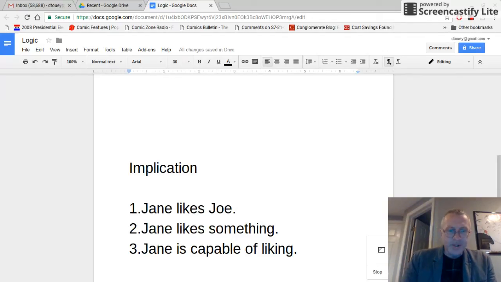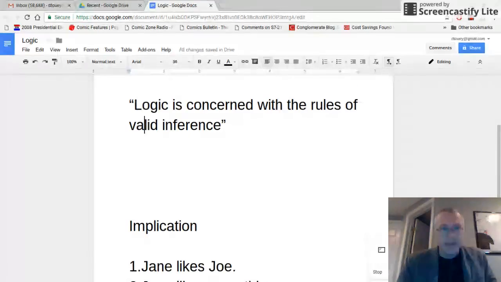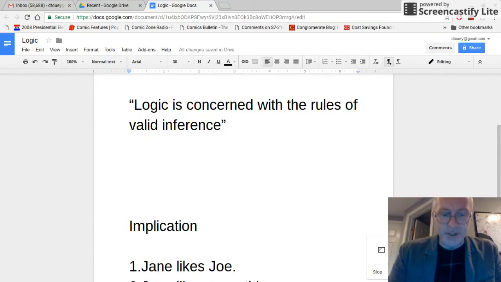We could, of course, also say that the second and third statements are conclusions that we infer on the basis of the first statement, and that shows us, or begins to show us, the relation between the word implication and inference.